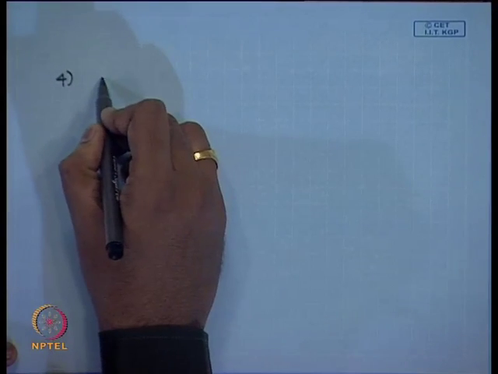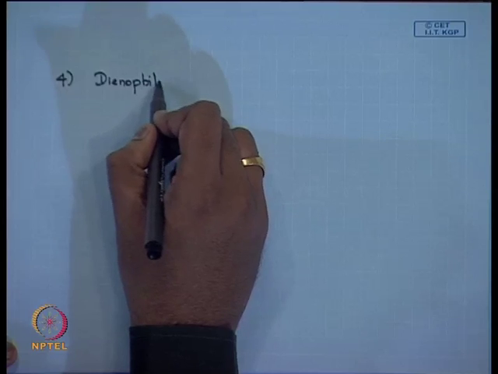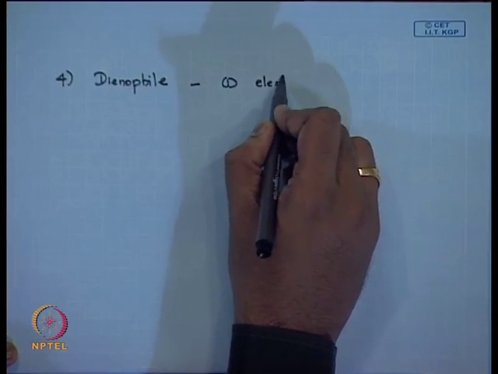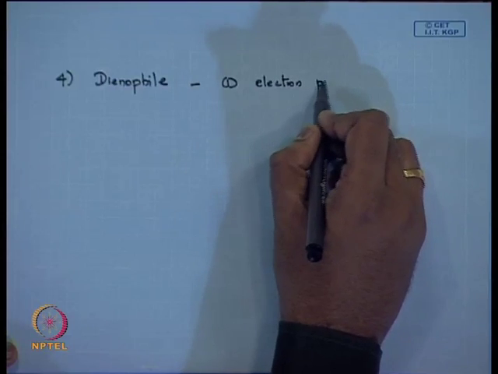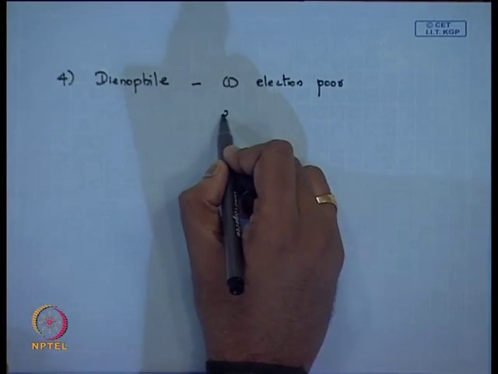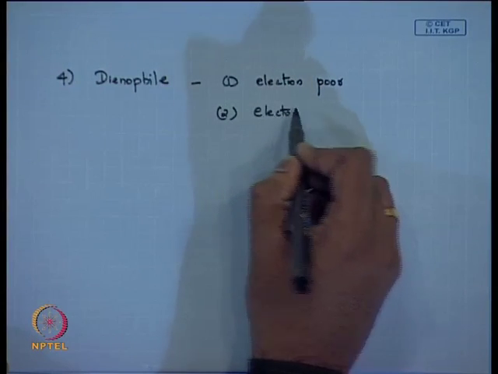Then we slowly went to the dienophile. The first thing we said is that it should be electron poor. If it is electron poor, it essentially means you should have electron withdrawing groups.